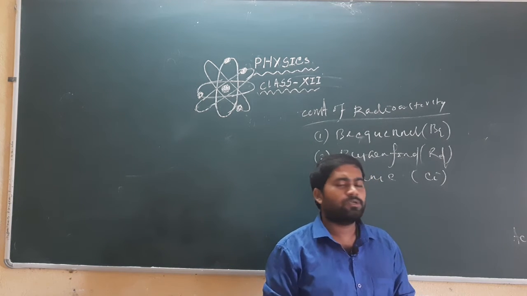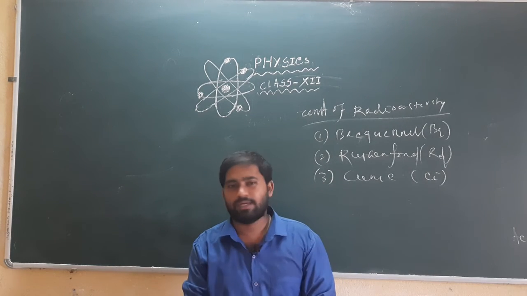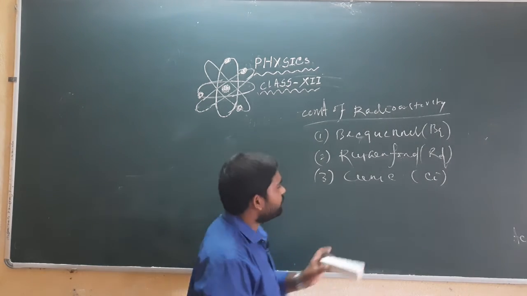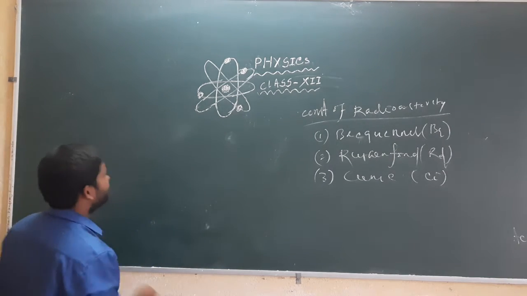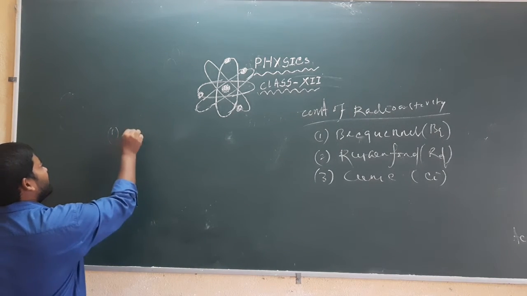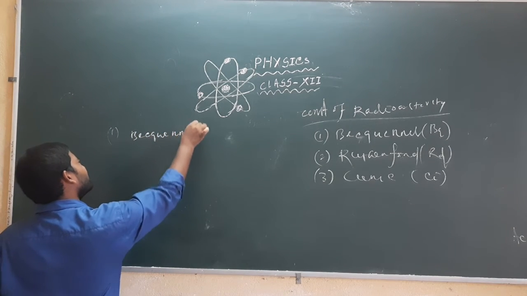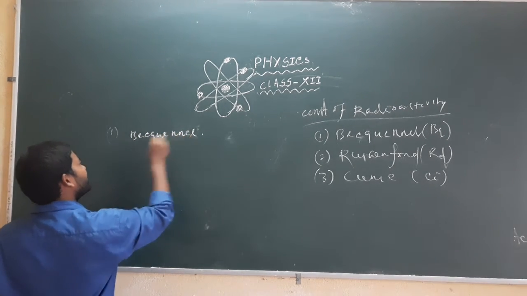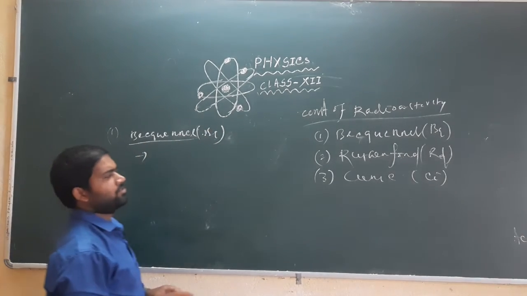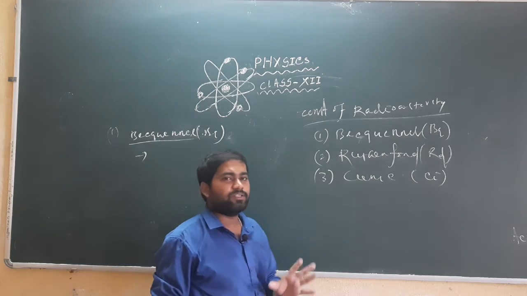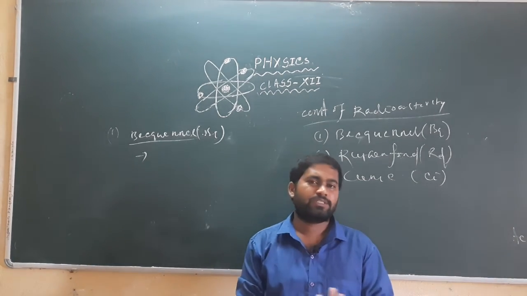Suppose first we take the unit Becquerel. If we define Becquerel, 1 Becquerel is a measure of disintegration per second.